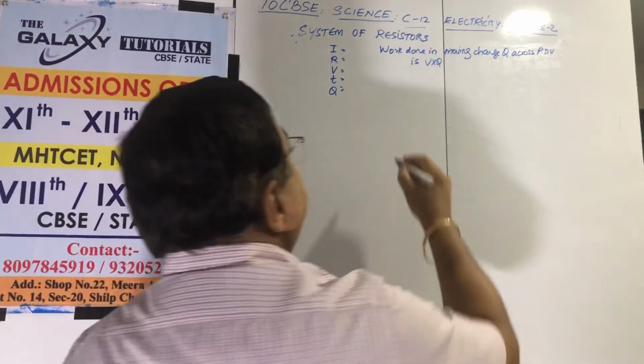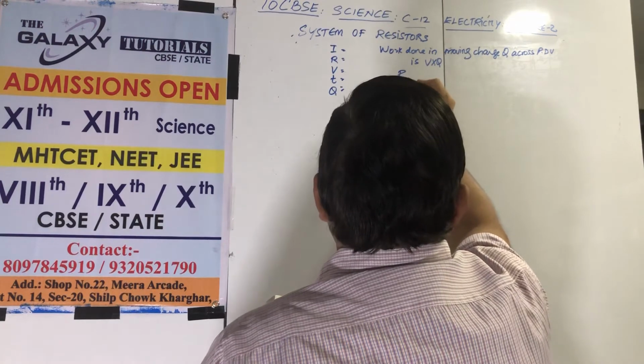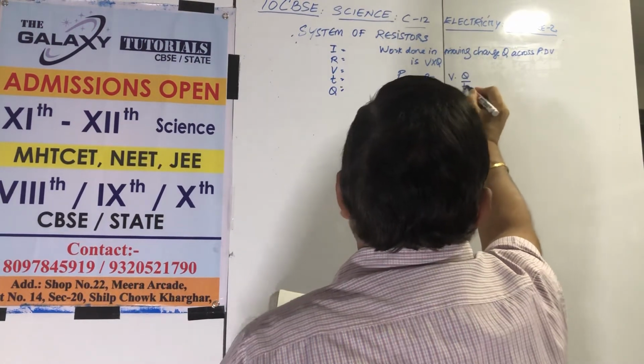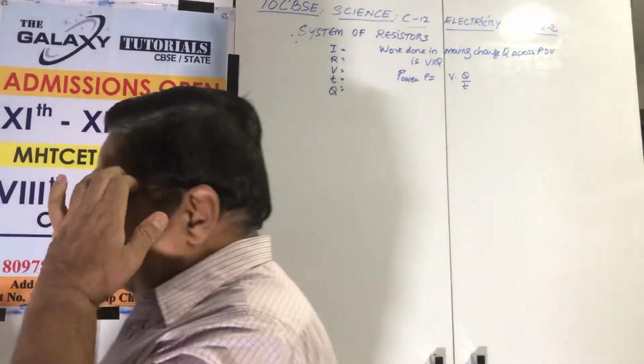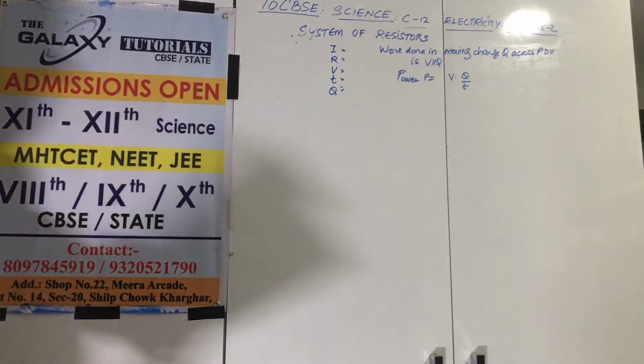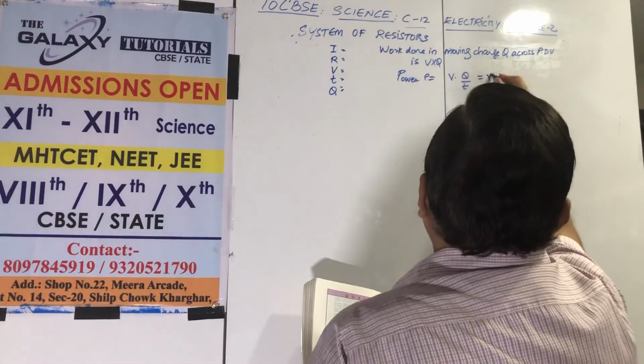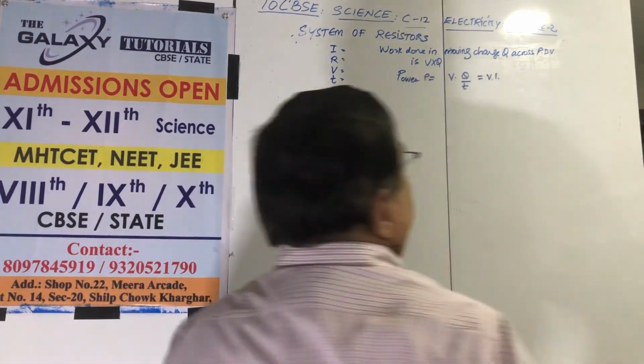Therefore, power input is VQ by T. In how much time, how much charge is being transferred, how fast you're transferring the charge. And this is equal to VI, which we have already seen.